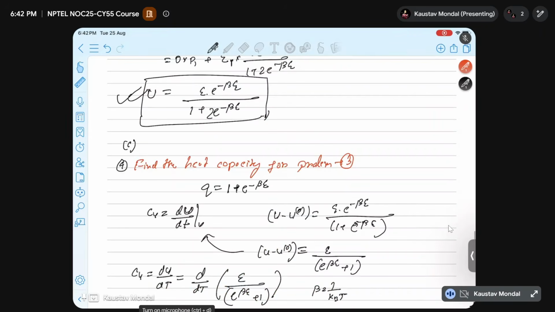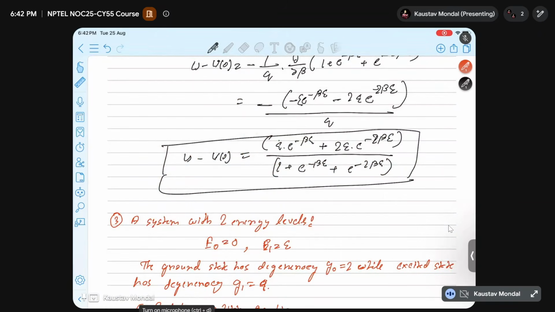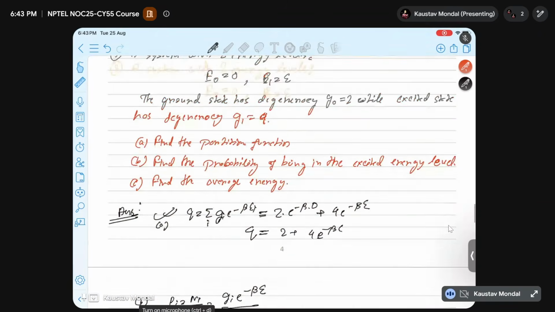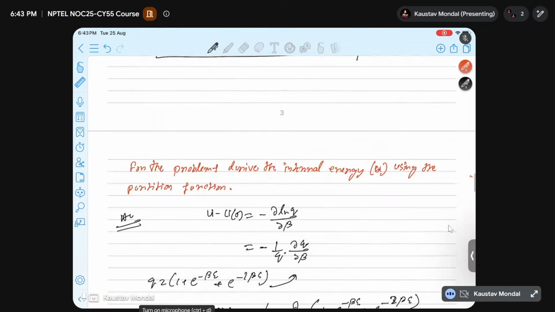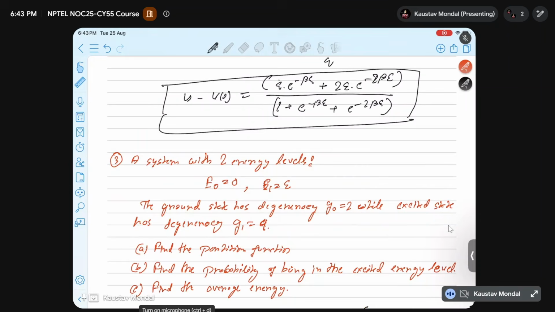So these are some of the problems. The main summary that you can take from solving all of this is that for a system with n energy levels, in the case of a single particle, it is easier, and the first thing you need to calculate is the partition function.